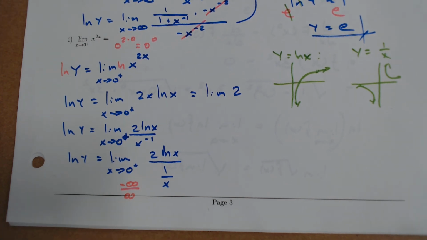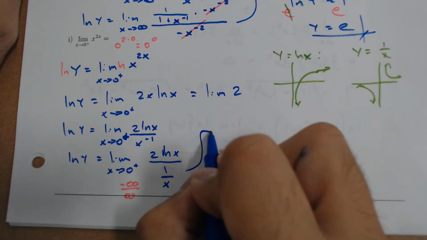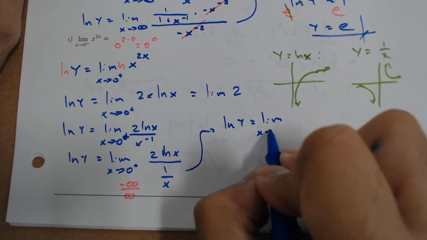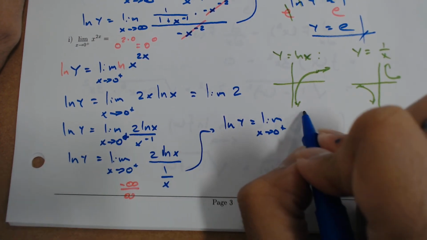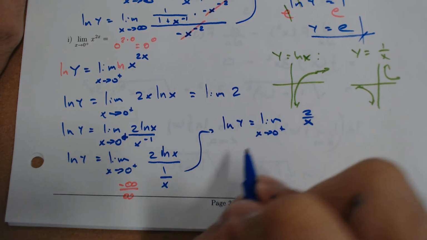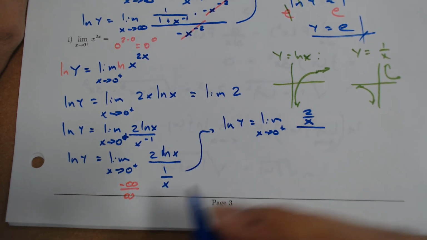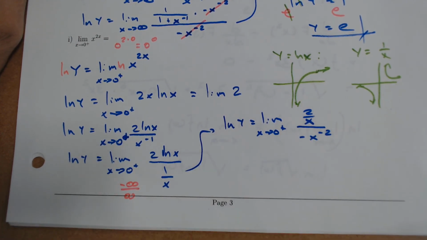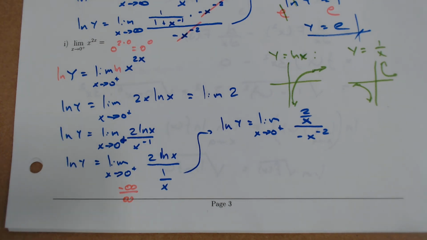So, all right, we're ready to do L'Hopital's rule. I'm going to take it from here. ln of y equals the limit as x approaches 0 from the right of 2 over x, that's the derivative of 2 ln x, over negative x to the negative 2. Let's clean this up.